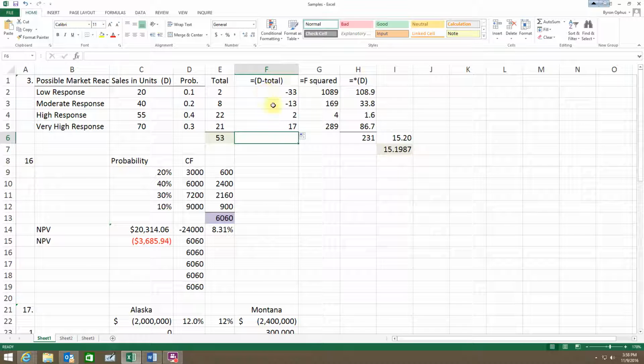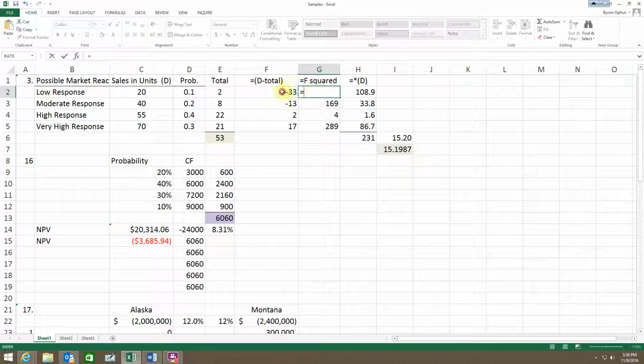And then I square each of these. That's just because we want to turn them into positives, right? So this is equal to this squared. And I drag that down. Okay, then I apply the probability. I have to apply the probability in this case.